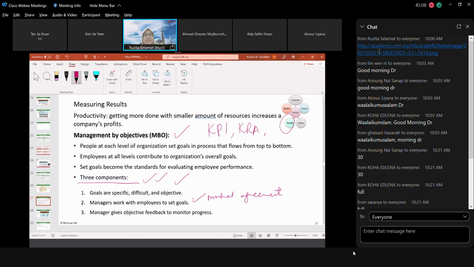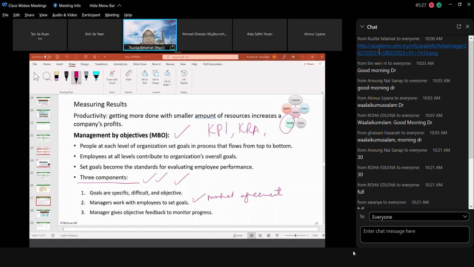Okay, so whatever the objective, it must be mutually agreed by the manager and the subordinate who are involved in mencapai objektif tersebut.